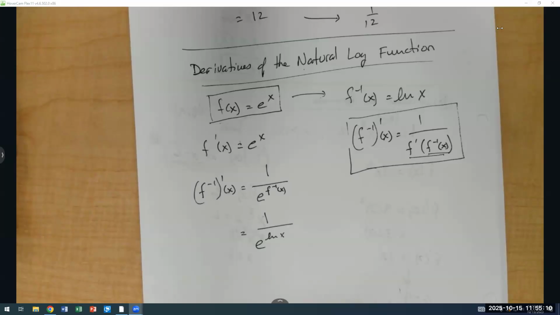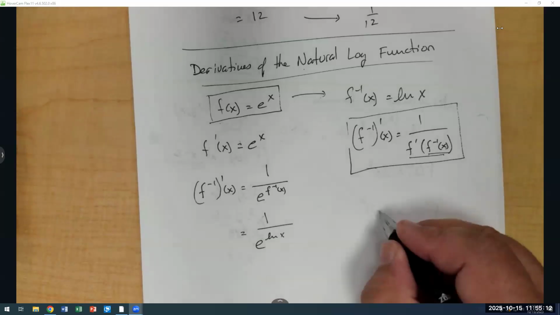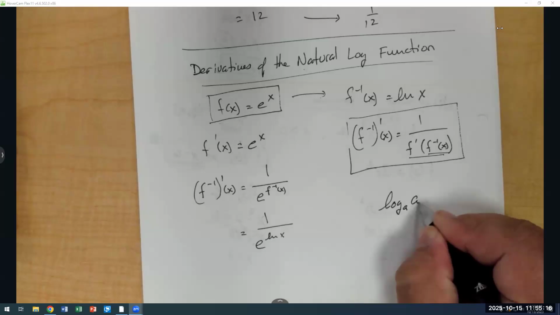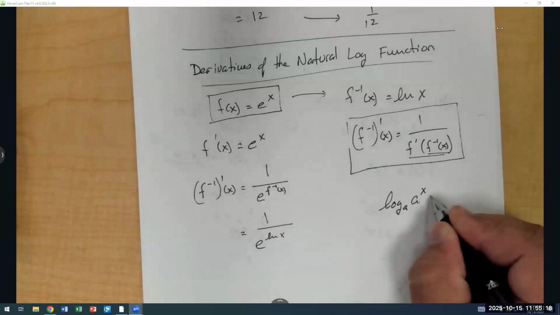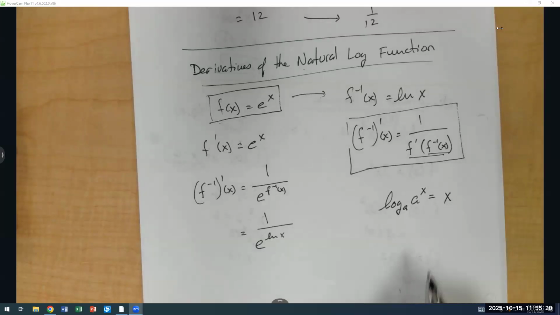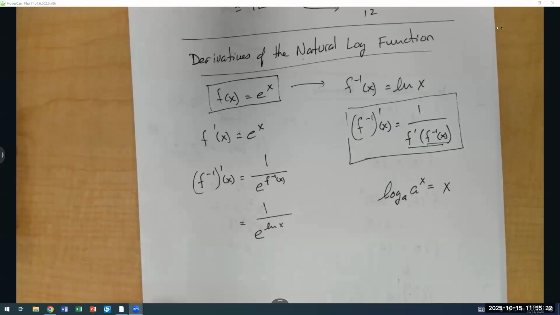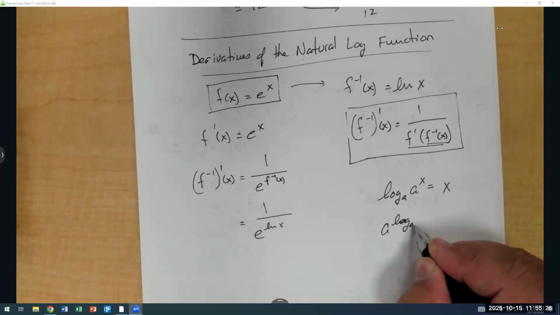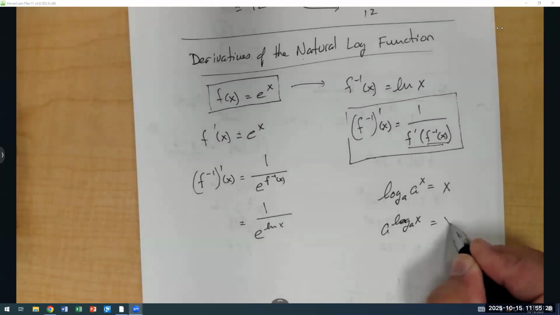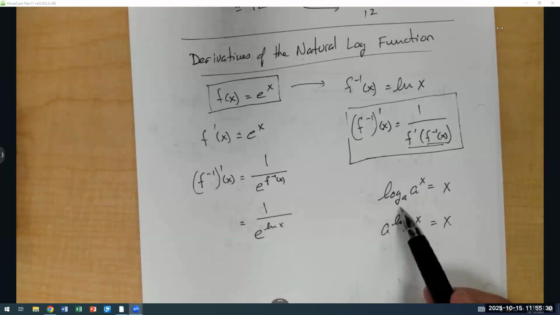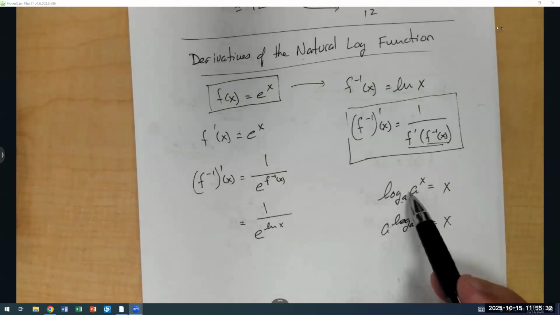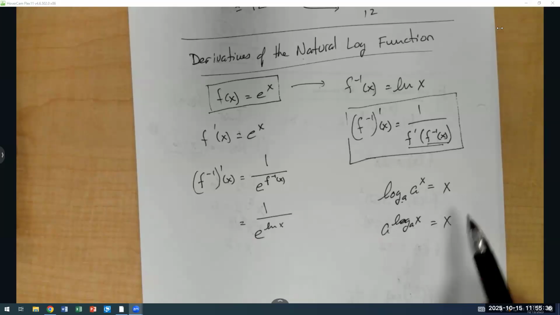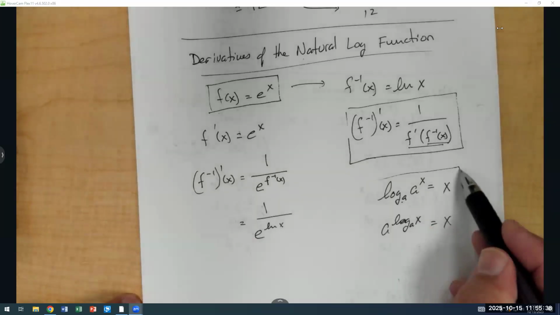There's another property. The two properties that we deal with a lot with exponentials: if the bases are the same, and they're log base a of a to the x, or a to the log base a of x, they both equal x.